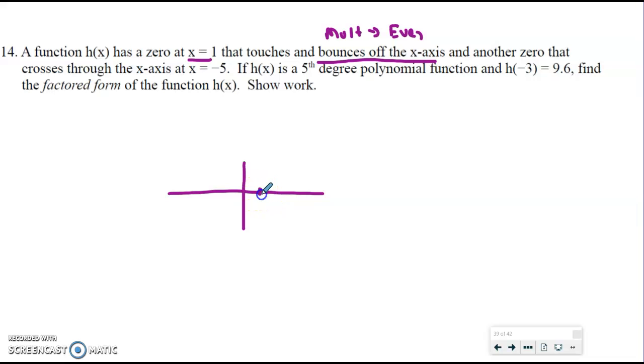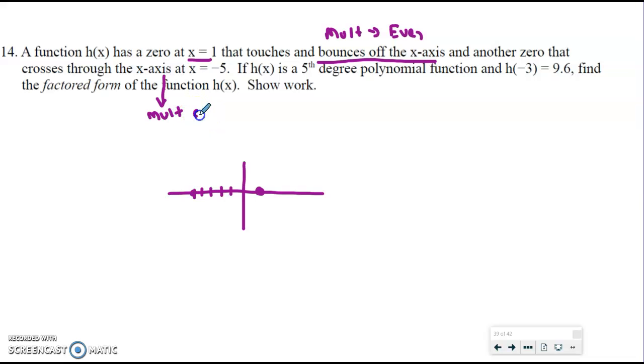Okay, so we have a 0 at 1, and then we also have another one that crosses at -5. Okay, and it goes through. So why is that important? That tells me that this multiplicity is going to be odd in this case.